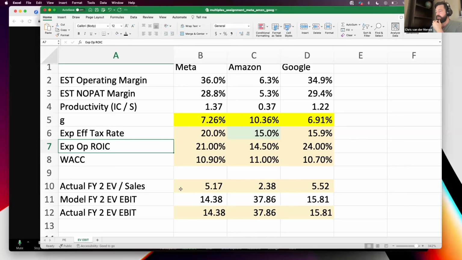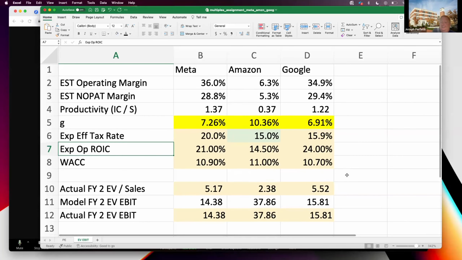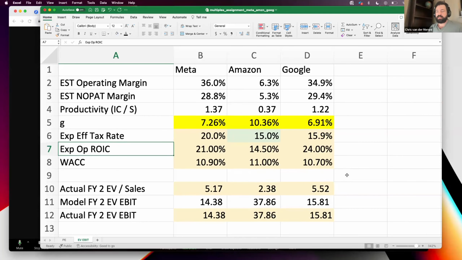Should I keep going on EV to sales? Yeah, you're doing great. So go ahead. With EV to sales, I think Meta does a lot better than Amazon here, and only slightly worse than Google.